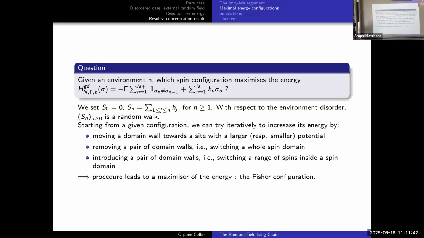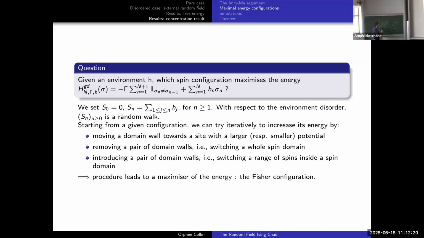If you start from one configuration, let me represent the walk S associated to H. Let's say we start with a configuration like this one, and the boundary conditions are plus plus. Here you have a domain of plus, a domain of minus, and a domain of plus.